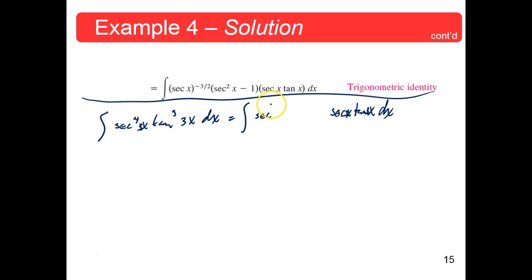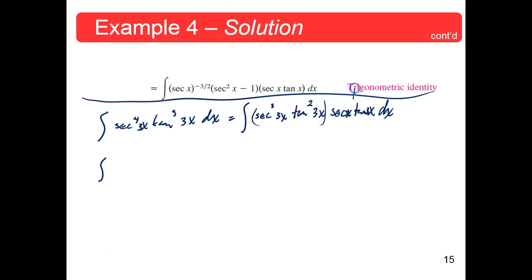Secant cubed 3x and tangent squared 3x times that. Okay. You don't have to put parentheses, it may help you see it better. Now, what do you do with that?